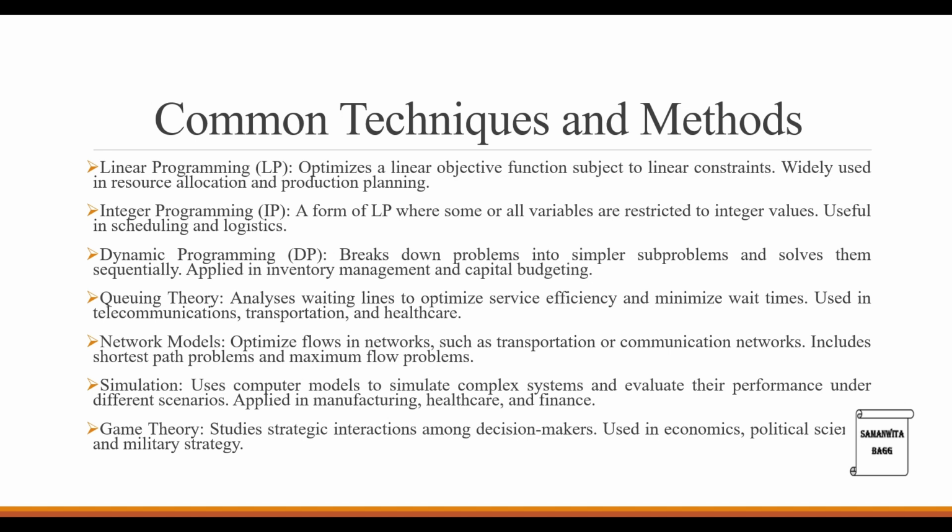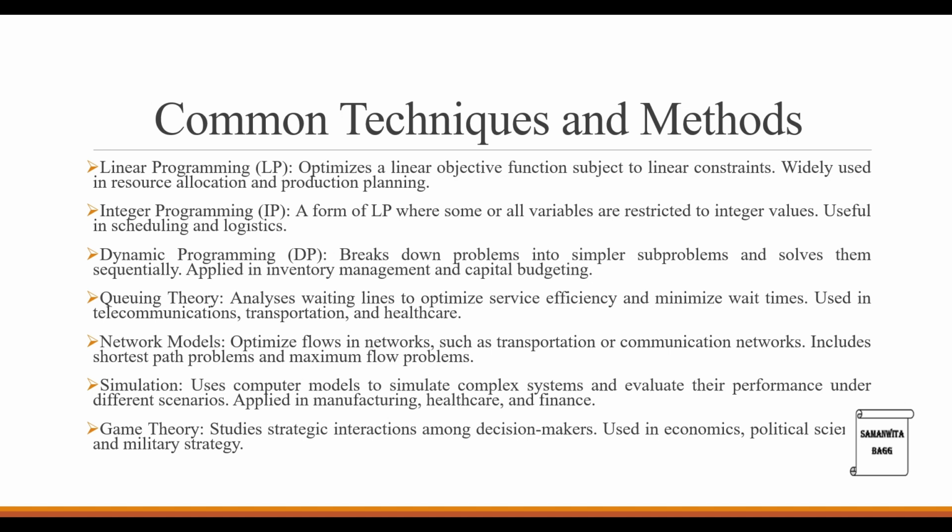Queuing theory analyzes waiting lines to optimize service efficiency and minimize wait times, used in telecommunications, transportation, and healthcare. Network models optimize flows in networks such as transportation or communication networks, and include shortest path problems and maximum flow problems.